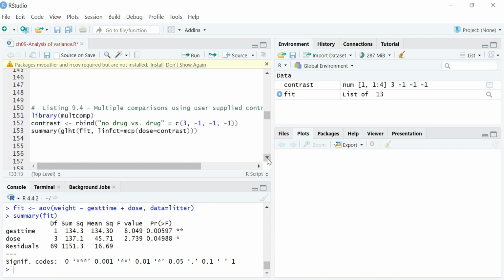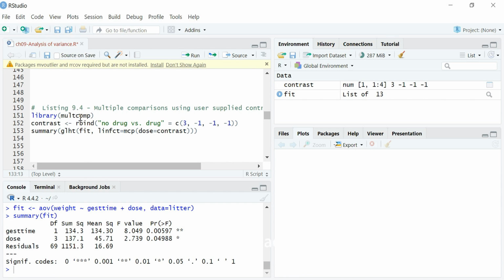After the ANOVA is significant, it means those treatment groups are not the same, even after we have controlled the effect from gestation time. But we do not know whether each pair is different or not when compared pairwise.